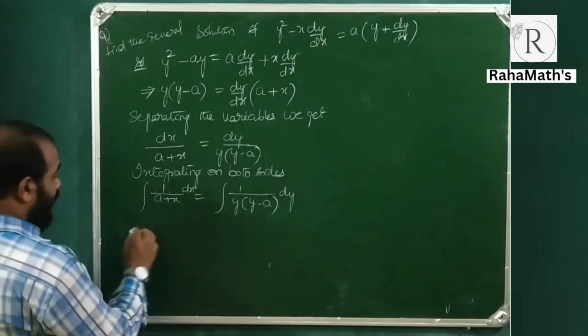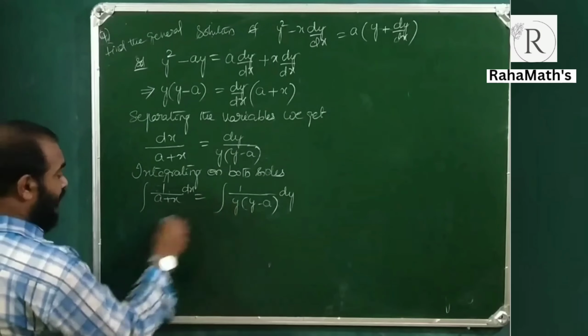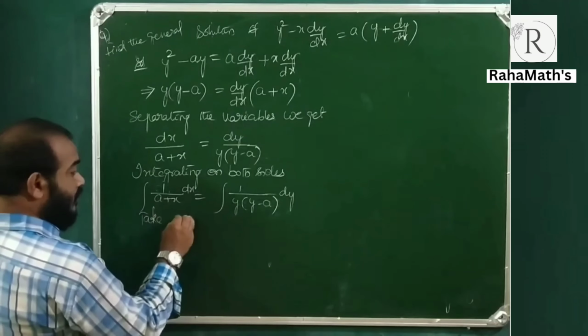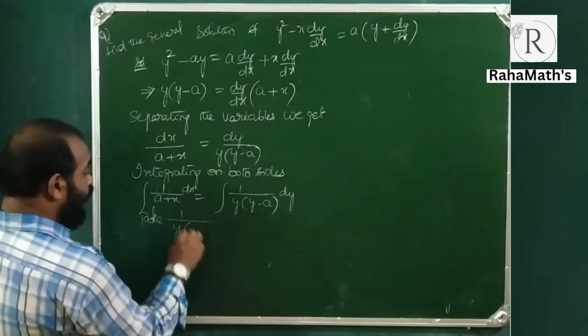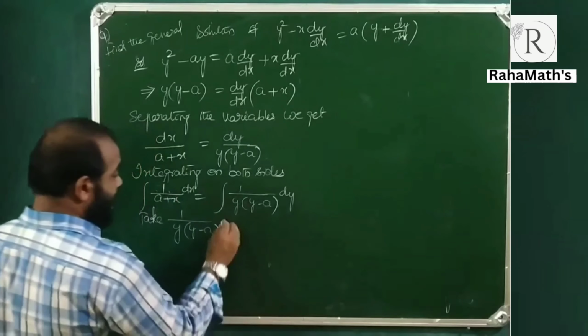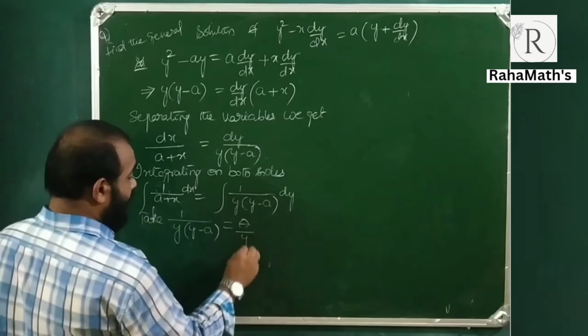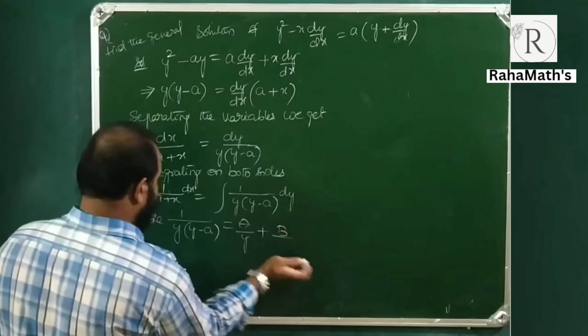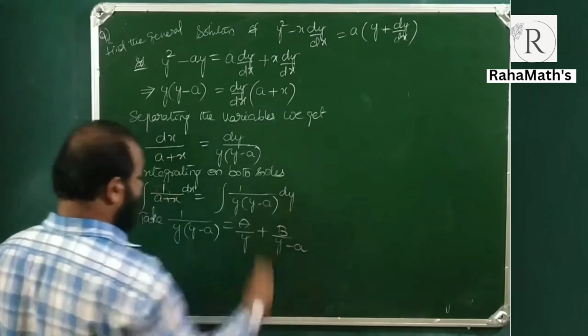So let us take 1 by y into y minus a. This can be written as A by y plus B by y minus a.